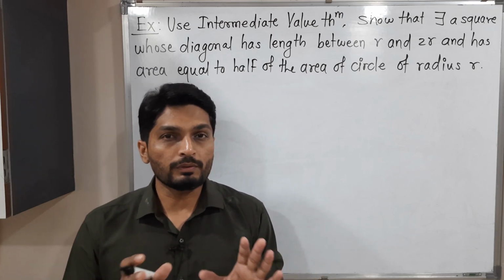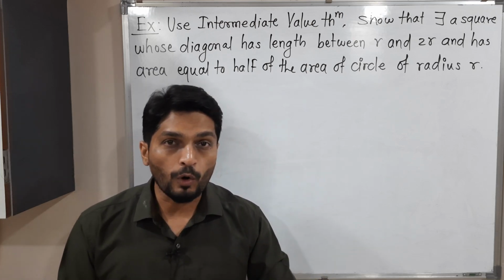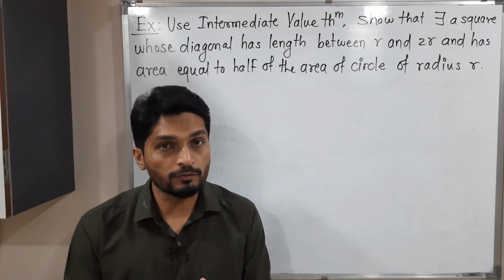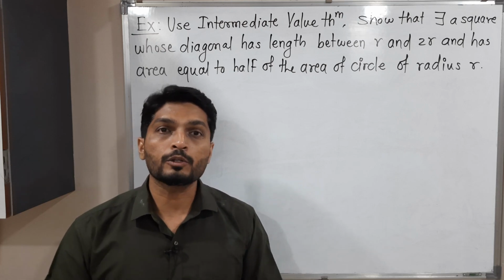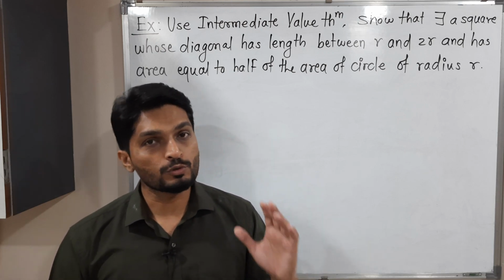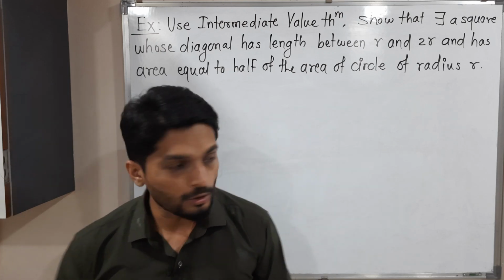So what will I do? First of all, we will recall the formula for the area of a circle and the formula for the area of a square, and after that, using the intermediate value theorem, we will solve this example. Let me write here.